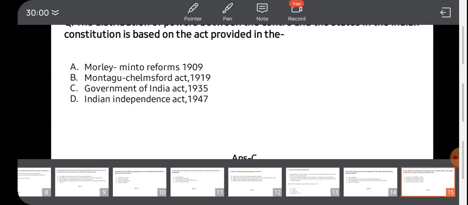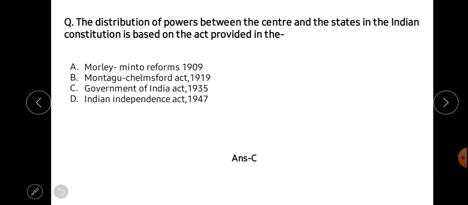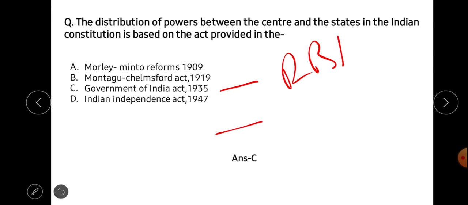Let's make out one thing, that there are some additional points in the Government of India Act. The establishment of RBI is also mentioned in the Government of India Act. By the Government of India Act 1935, RBI was established. By the Government of India Act, Britishers introduced three lists. One is federal, second is provincial, and third one is the concurrent list.